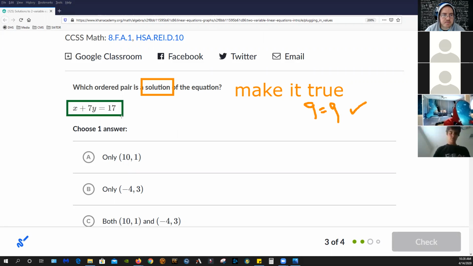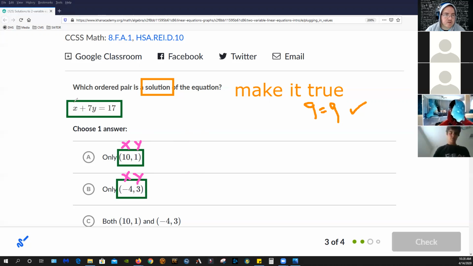take this equation and then take these coordinates, 10, 1 and negative 4, 3, and you're going to substitute in the numbers. And what I mean by that is they're just straight up giving you an x value and a y value, an x value and a y value.